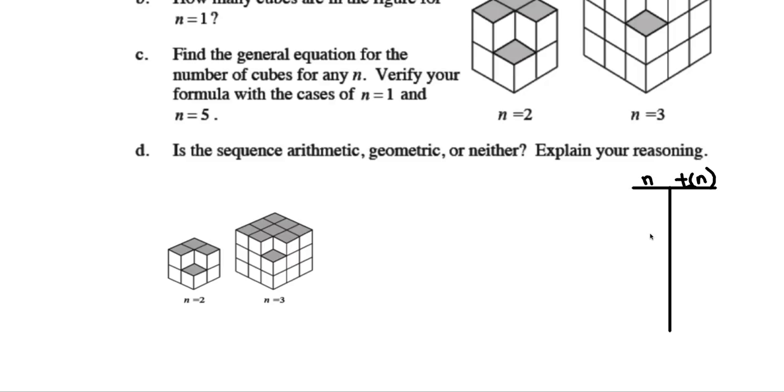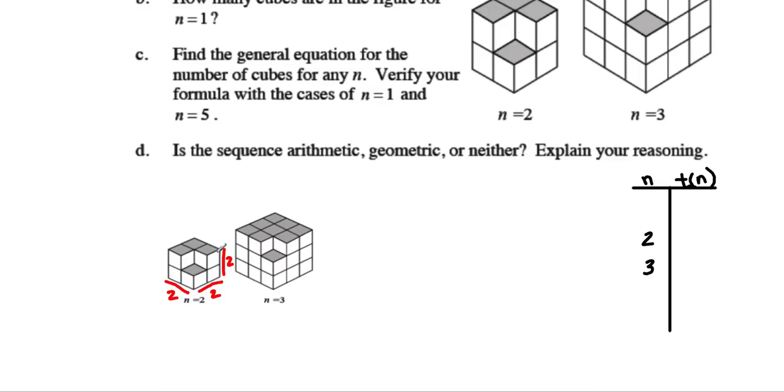I'm going to leave a little space above here, but I know that my second figure, and I'm dealing with my third figure. So how many cubes do we have in our second figure? Well, if we know that this side here is 2, this side is 2, and this side is 2, so length, width, and height are each equal to 2.